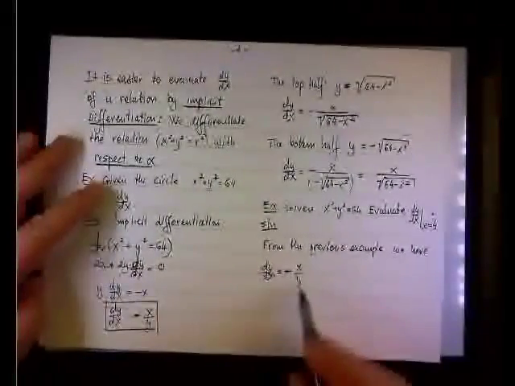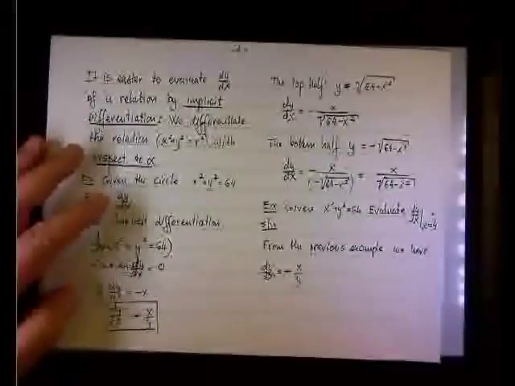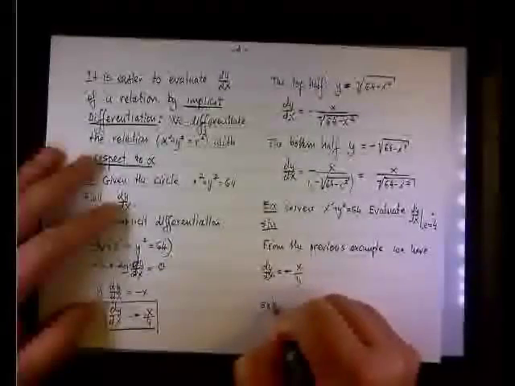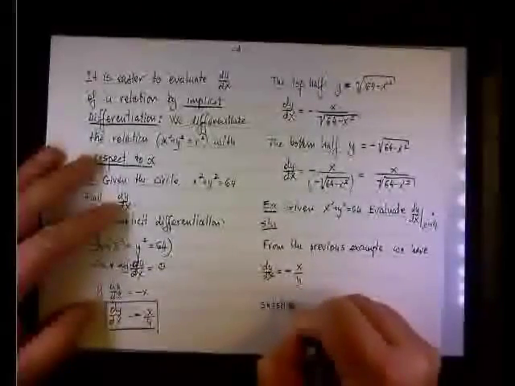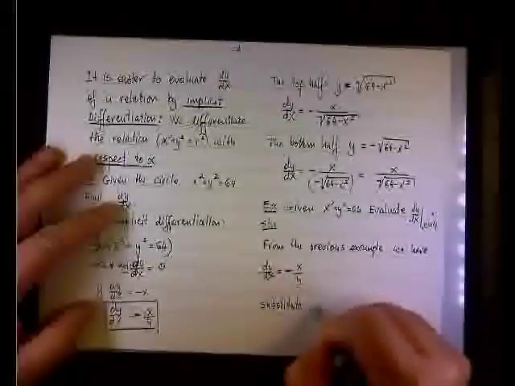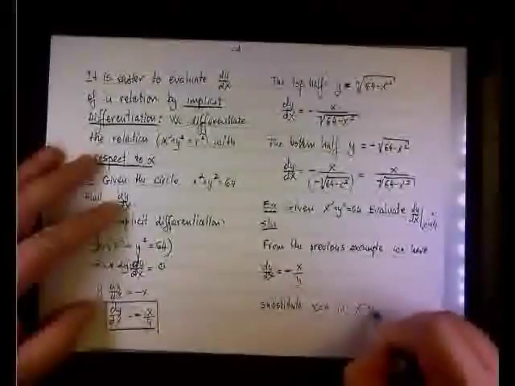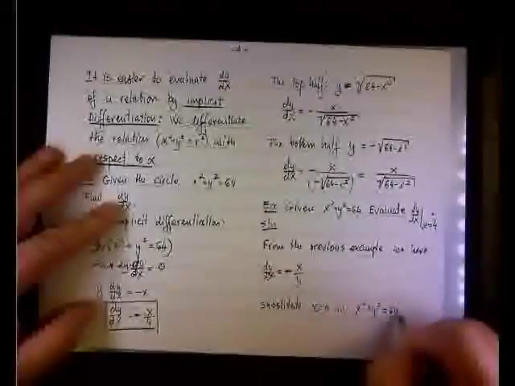Now, we need to find out the value of y, right? So I'm going to substitute x equals 4 in x squared plus y squared equals 64.